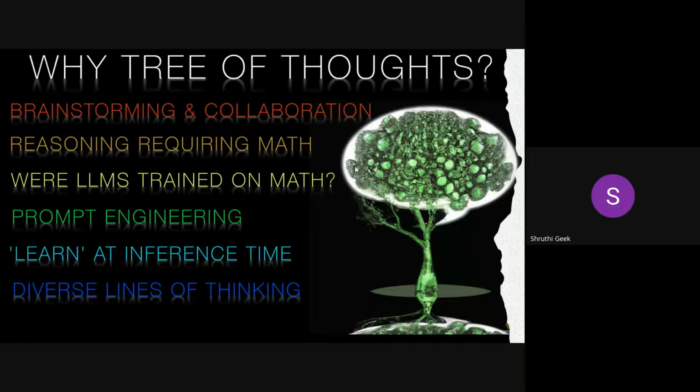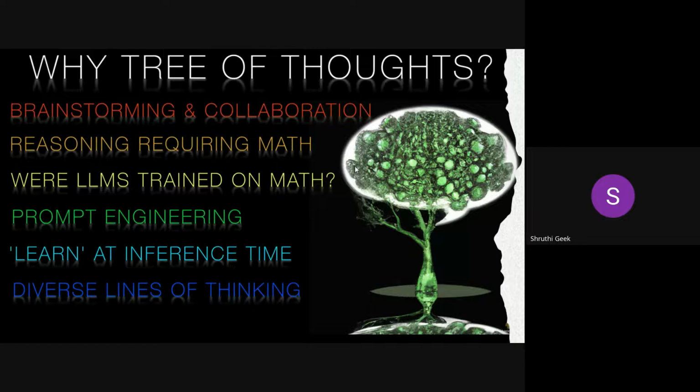Since it requires math, say for example, one person can solve it more optimally than the other person, then you would definitely go ahead with the most optimal approach and try to go down that particular route, right? Then again, coming down to LLMs trained on math, this was very key for math optimization problem solving techniques. This took the optimization techniques to the next step, I would say.